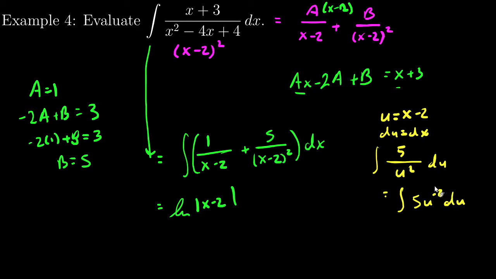The integral rule for a power function is I add 1 to the exponent and divide, so that's going to be, I guess I'll toss a plus c in there. It's going to be 5u to the negative first divided by negative 1, which reduces down to negative 5 over u, where u is x minus 2.